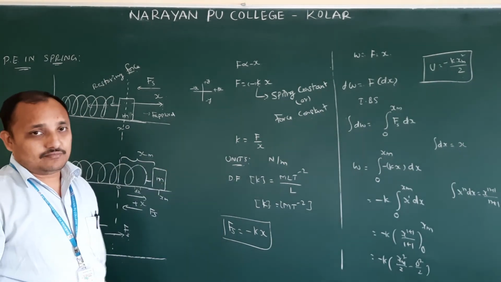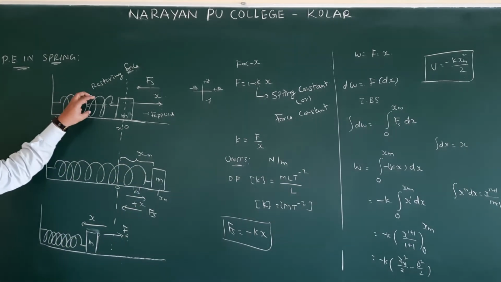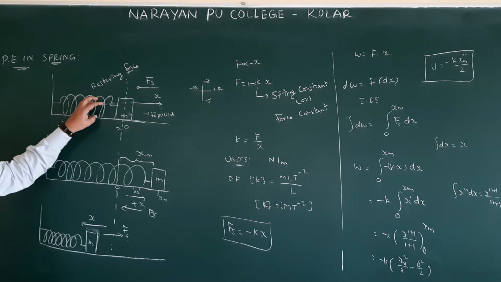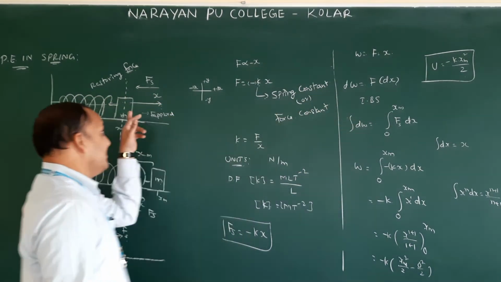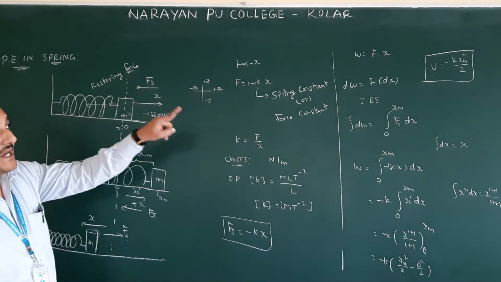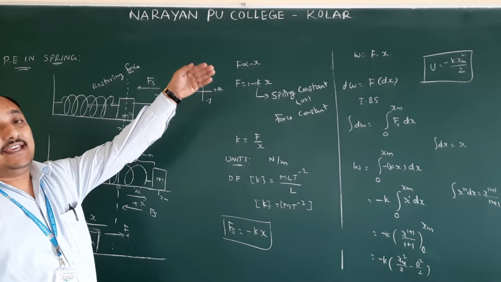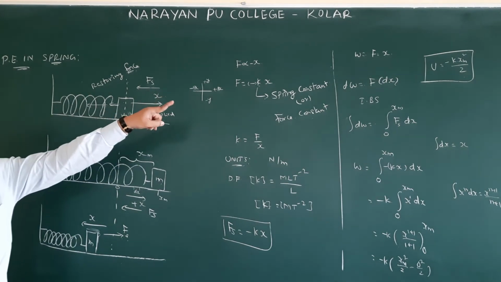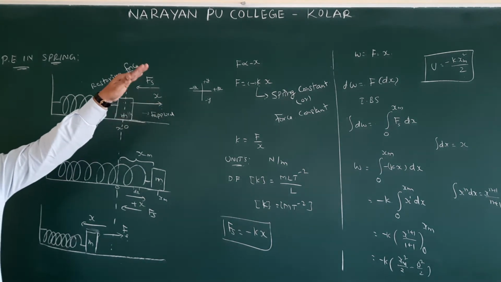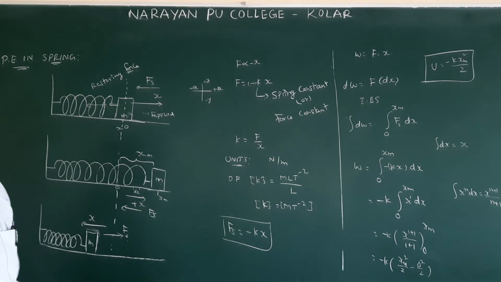Now you got negative, isn't it? That is the energy stored within the spring. This equation we got is the work done by the spring force. Work done by the applied force is the negative of that, so you will get plus half k xm square, a positive sign.